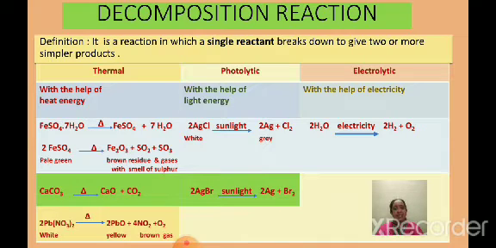So we write the equation as FeSO4.7H2O gives FeSO4 plus 7H2O. Now on further heating, ferrous sulfate decomposes to ferric oxide, sulfur dioxide and sulfur trioxide.